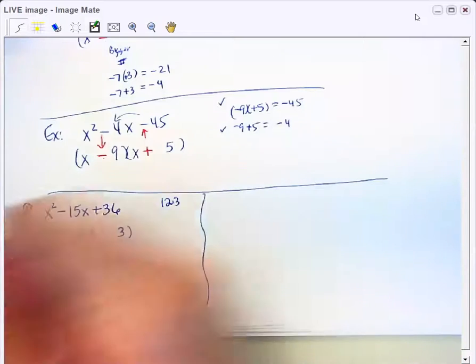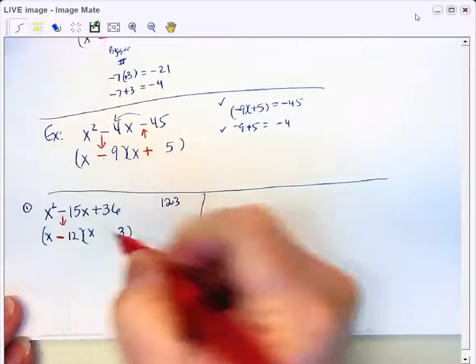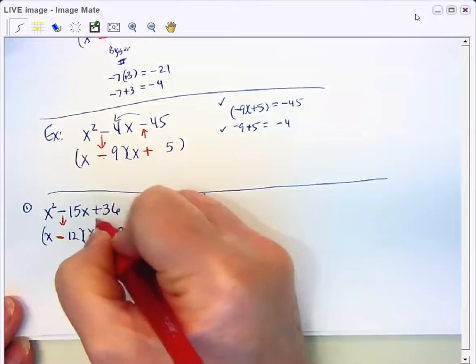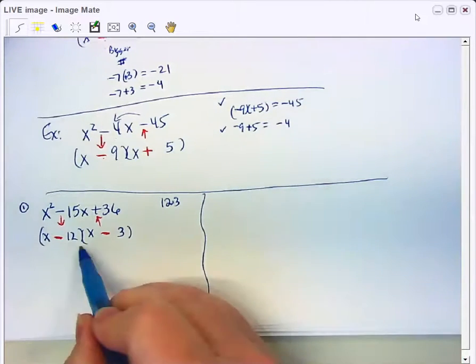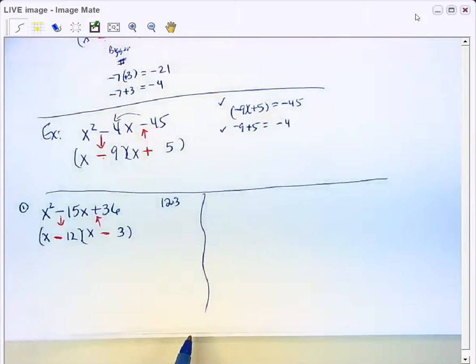We bring down the minus, and a minus times a minus makes a plus, and you're done. So that's how easy it can be when you have the right numbers. If you don't have the right numbers, that's why it's really important to check those. And then the last one, let's do one of those.